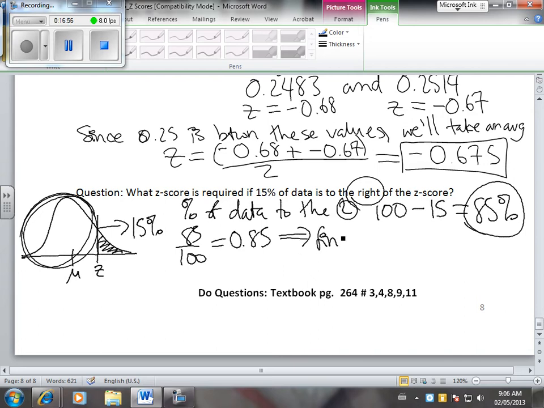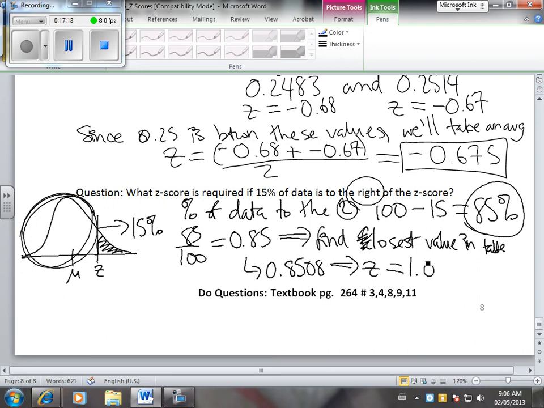Find the closest value in the table. We find that it is 0.8508. And this translates to a Z-score of 1.04.